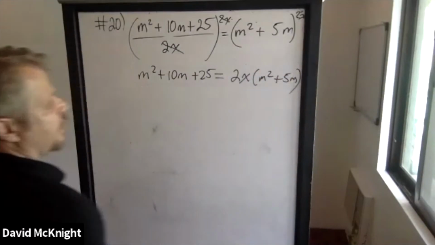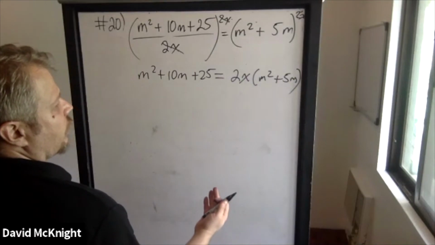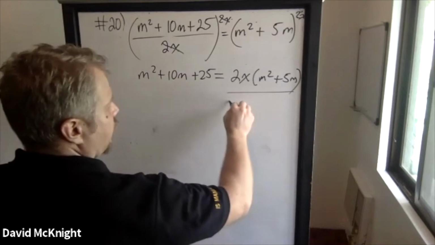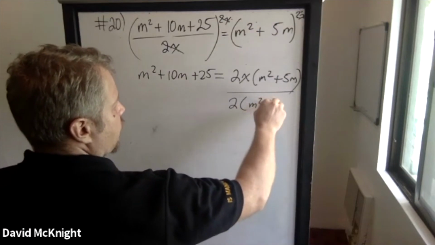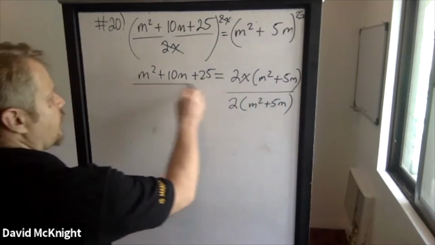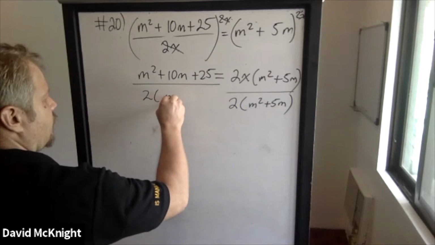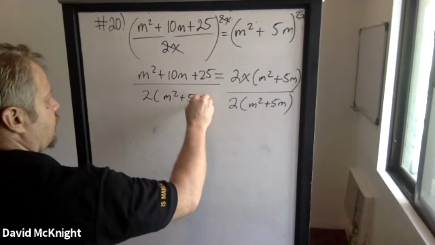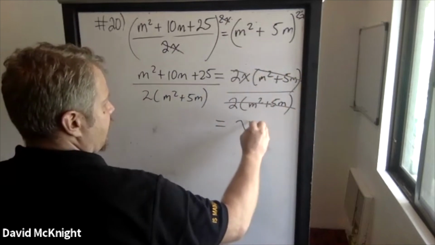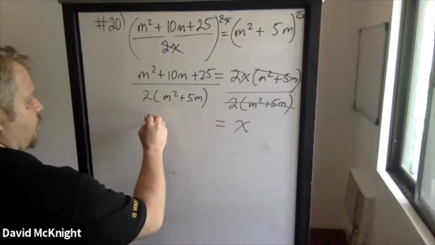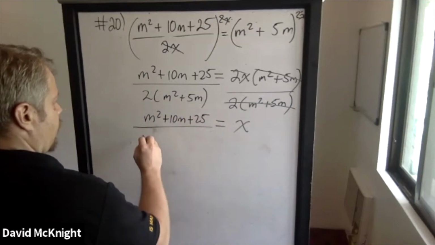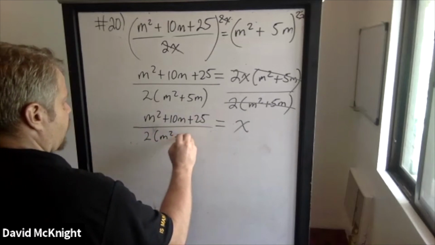And then to isolate, we can divide everything here by 2 times m squared plus 5, and do the same here. So over here, we're going to have x is equal to m squared plus 10m plus 25 over 2 times m squared plus 5.